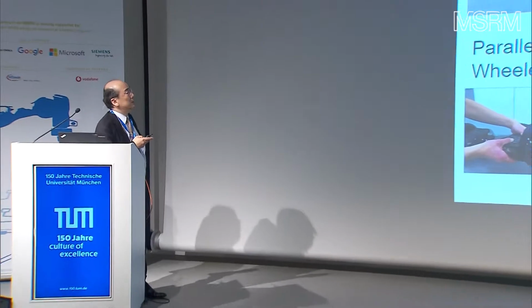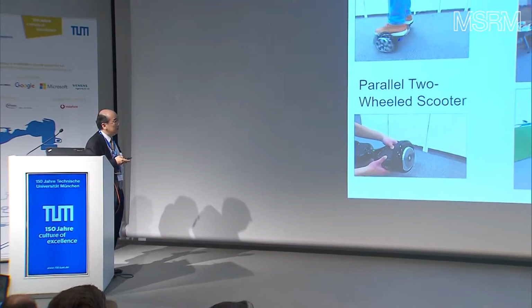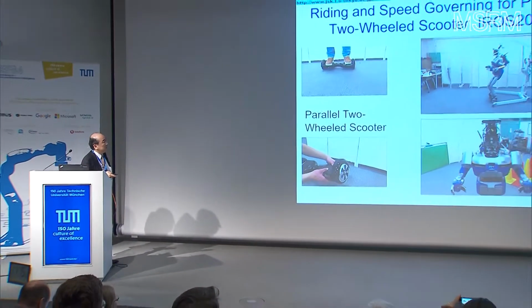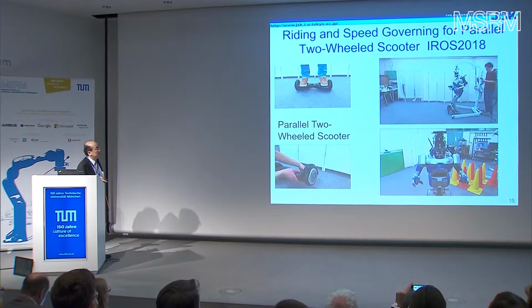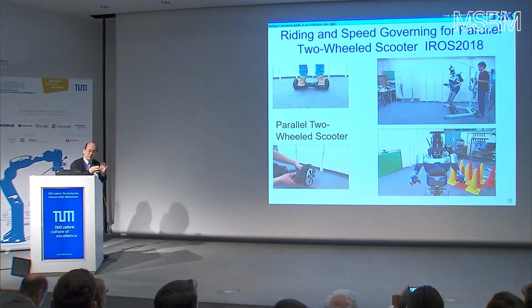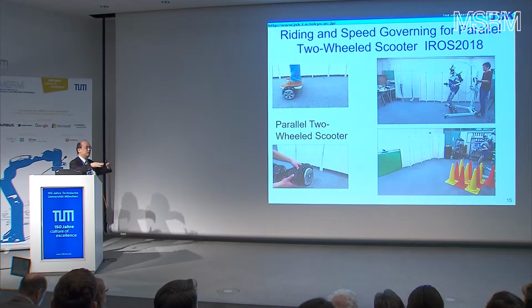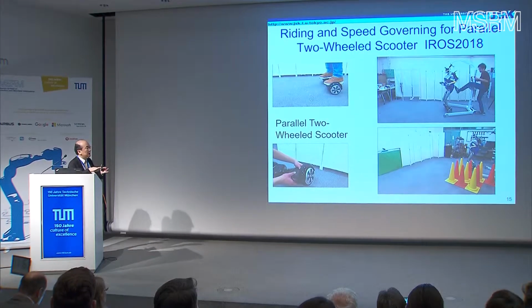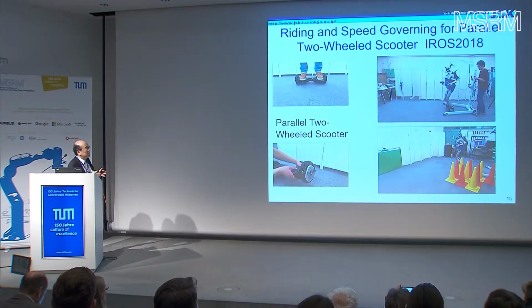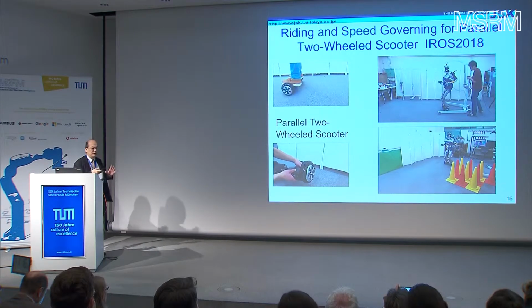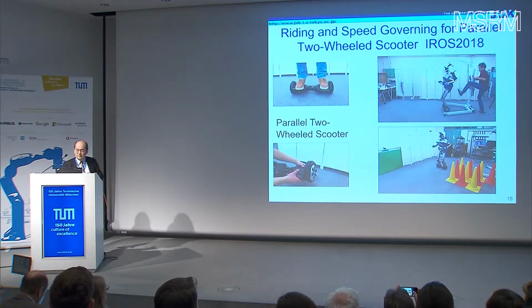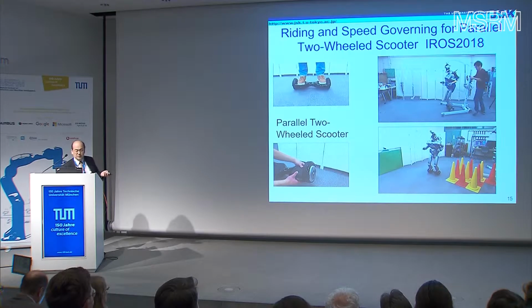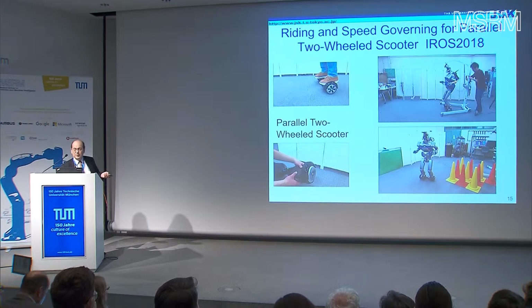So he solved the problem, learning to ride, and also learning how to navigate and control the velocity based on the recent 3D real-time vision, the visual odometry and the SLAM capability to assist this kind of motion in this room.